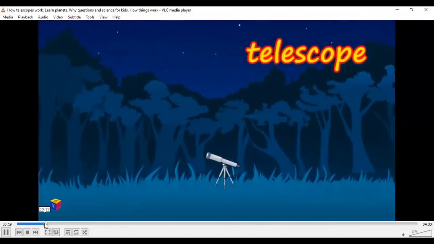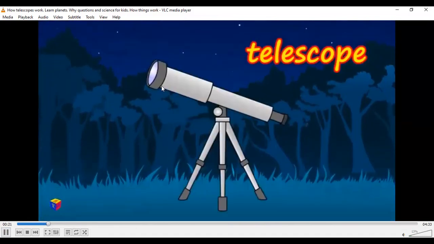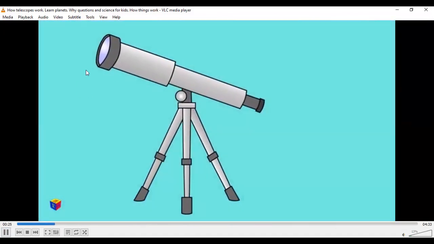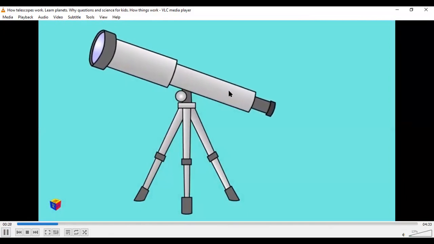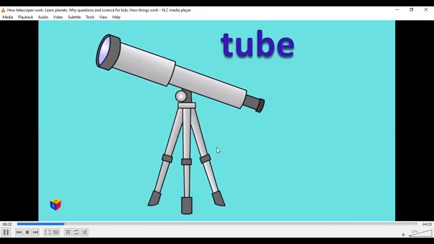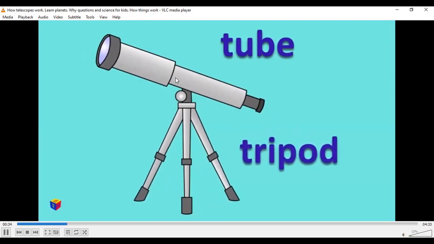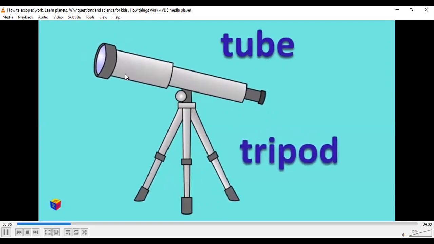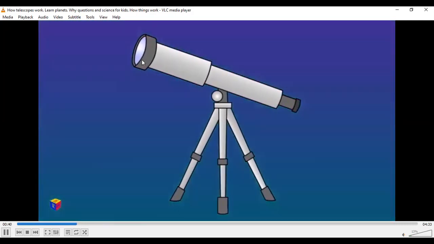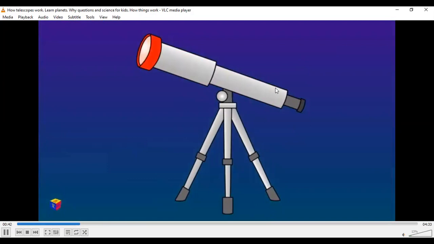Now, what is a telescope? It is a tube that is mounted. This is the tube of the telescope, and this is the tripod stand on which this tube is mounted. This tube can be moved and fixed on any part of the sky.